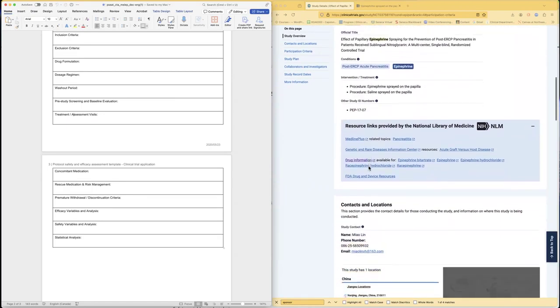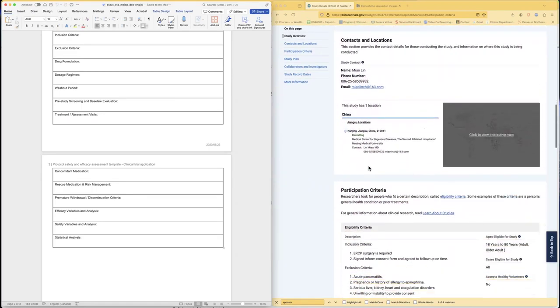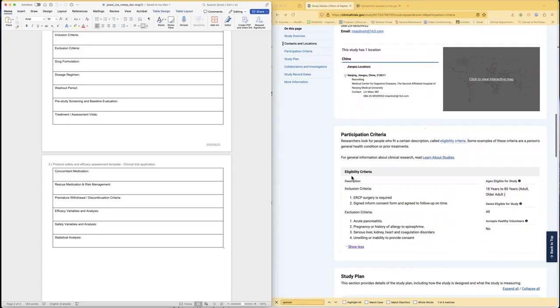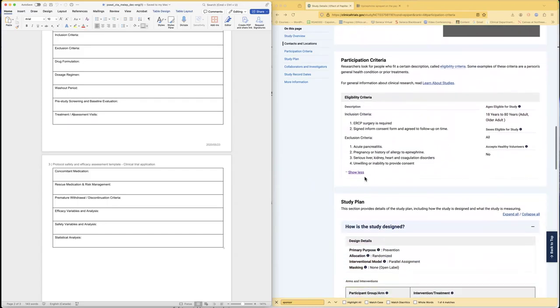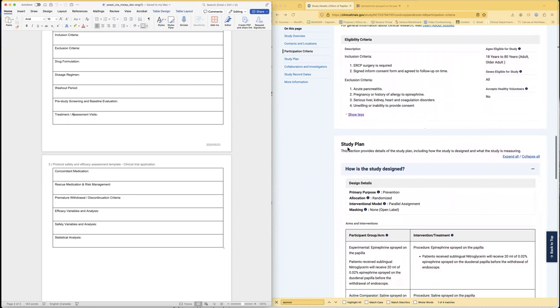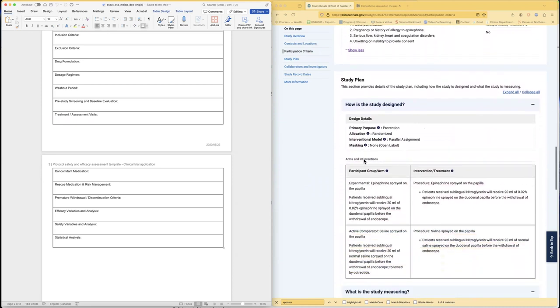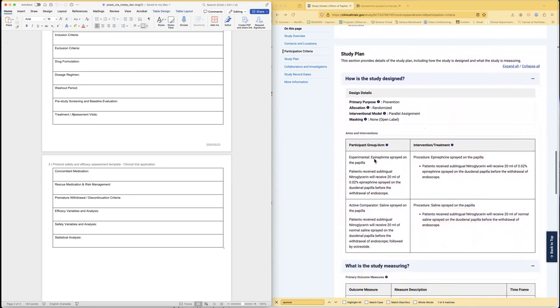Okay, so now for the treatment visits, we are going to go back to clinicaltrials.gov and look into how the study has been done. So we looked into the eligibility criteria, and then we are looking into the study plan. And then we are going to see how the study has been done. We see that we have two arms. We have the participant group arm, and we have the intervention treatments.